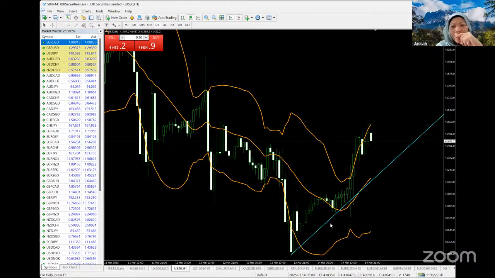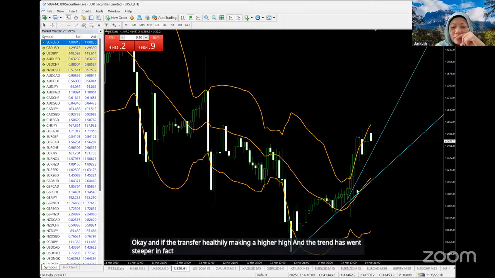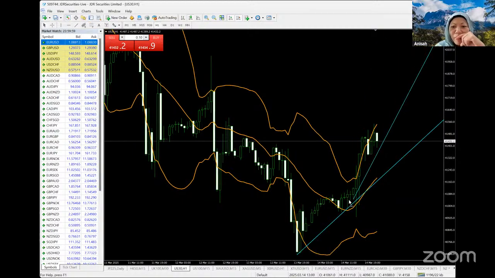The trend structure is healthily making higher highs, and the trend has gone steeper, in fact, meaning the momentum has picked up.